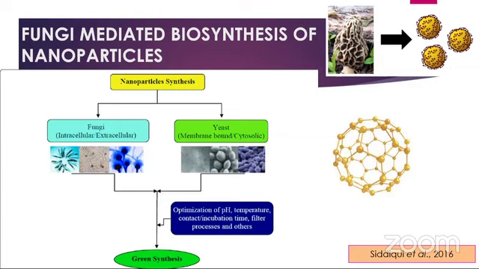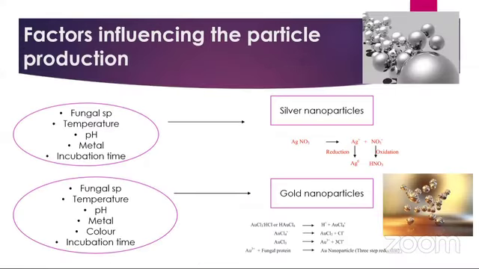Generally, this biogenic synthesis of metal nanoparticles involves bioreduction of metal salts to elemental metal, which may be stabilized by organic molecules present in the microbes. That means the fungi help break down the metal salts to elemental metal. In the last reaction, you can also see the silver became metallic silver after reduction.